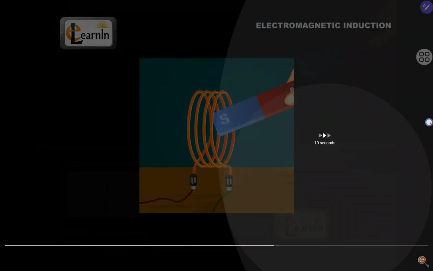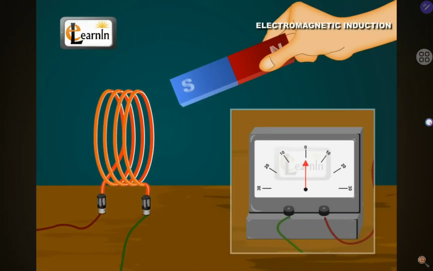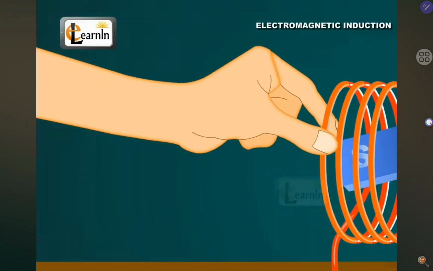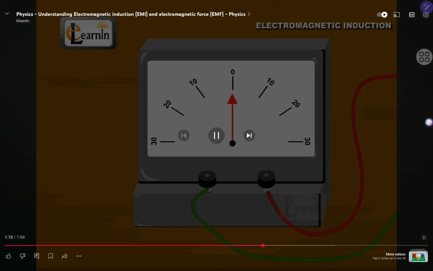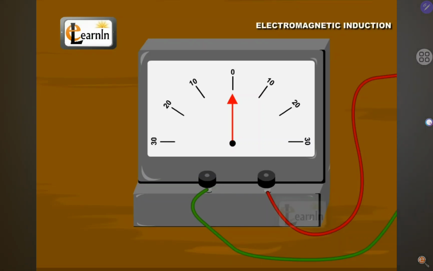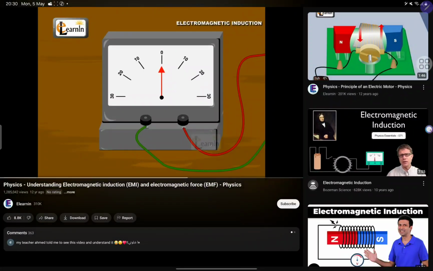So what if they make the magnet closer to the wire? See? The current goes up here again, so it makes the meter turn.